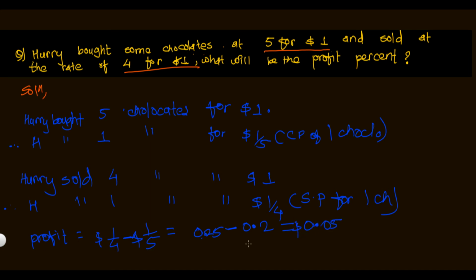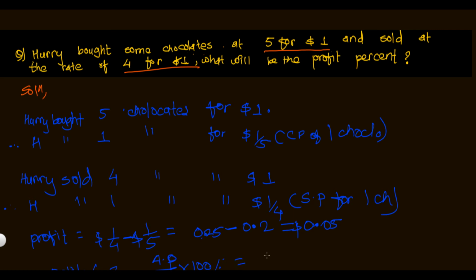That's your profit. But how to get a profit percent? Profit percent is always calculated in terms of what percent of CP you gain as profit. So our actual profit over CP times 100%.